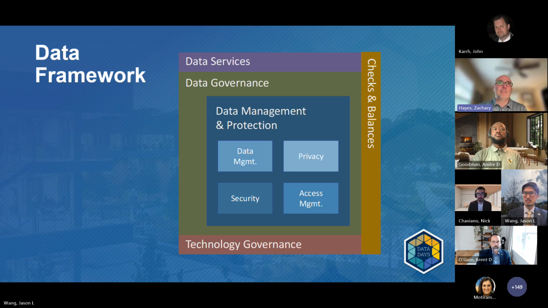So we layer these so that we support our data services folks, our folks in IRP, our folks that are managing the warehouse and the business intelligence reports, all of these different components and services that are getting the data back in your hands and using it in its most beneficial way. And then along the right-hand side, we've got our checks and balances. These are our folks that are just making sure that we're staying within our appropriate lanes, and following rules and regulations and other policies.